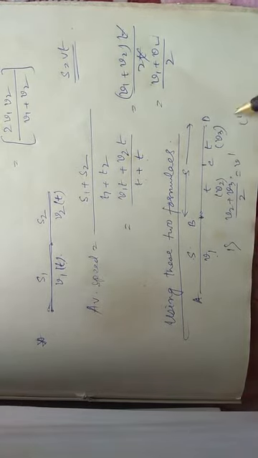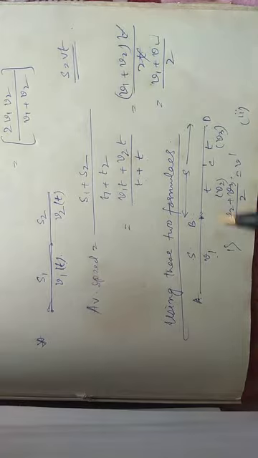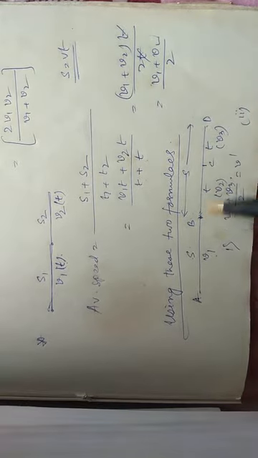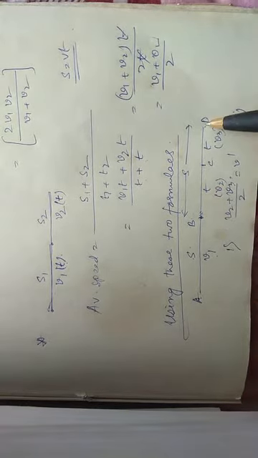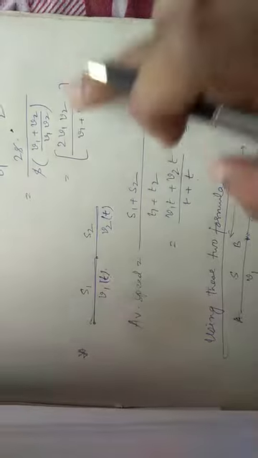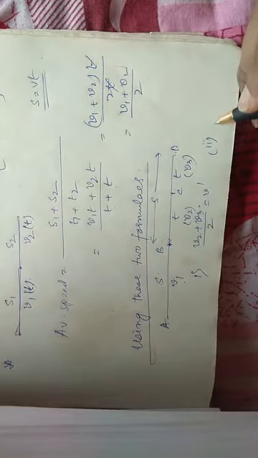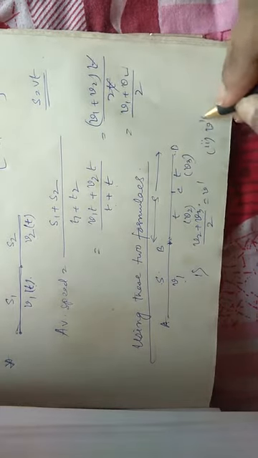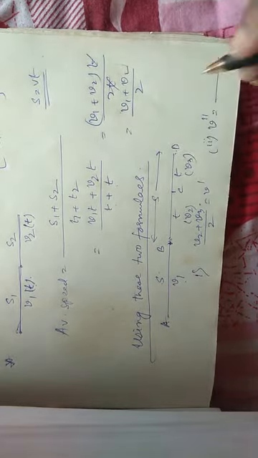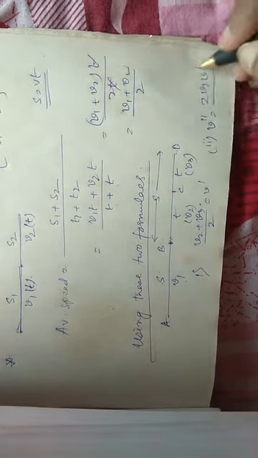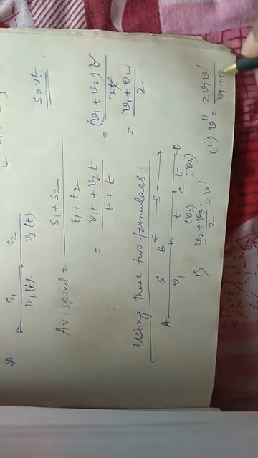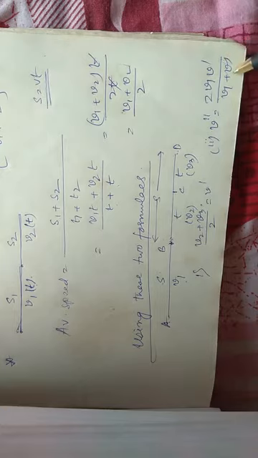Now secondly, if this is covered with velocity v1 and this is covered with velocity v dash, therefore from the first formula 2 v1 v2 by v1 plus v2 we can find out the average velocity of the whole journey. Average velocity is v double dash. So it becomes 2 v1 v dash by v1 plus v dash, in which we replace the value of v dash as (v2 plus v3) by 2.